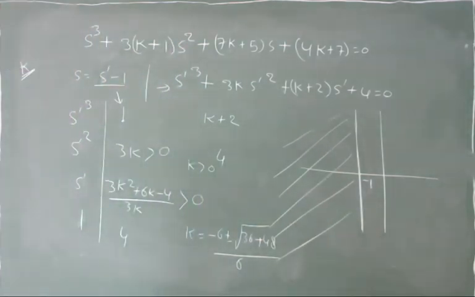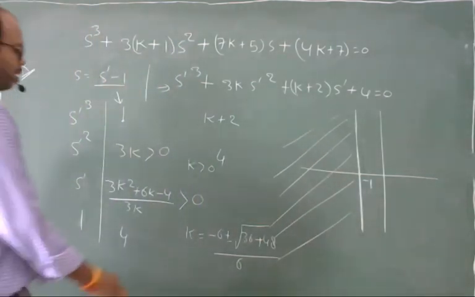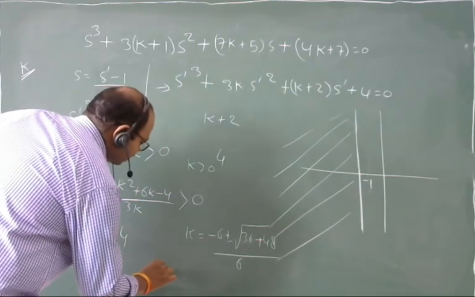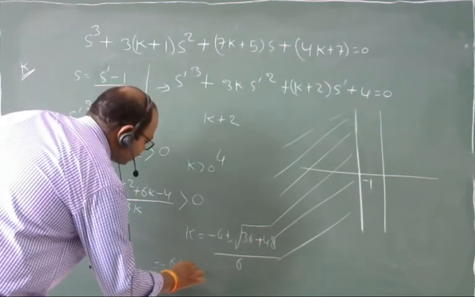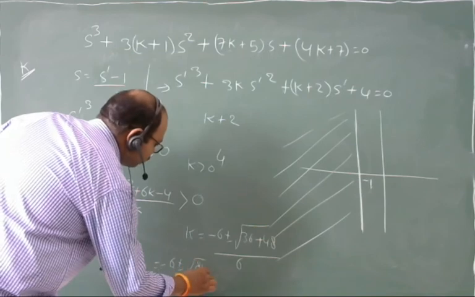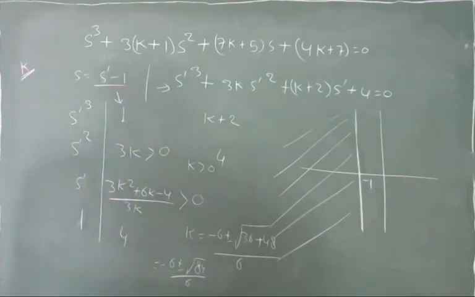It means (minus 6 plus minus under root 84) divided by 6, right?